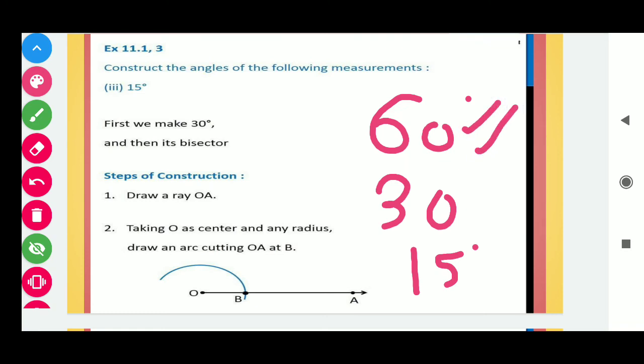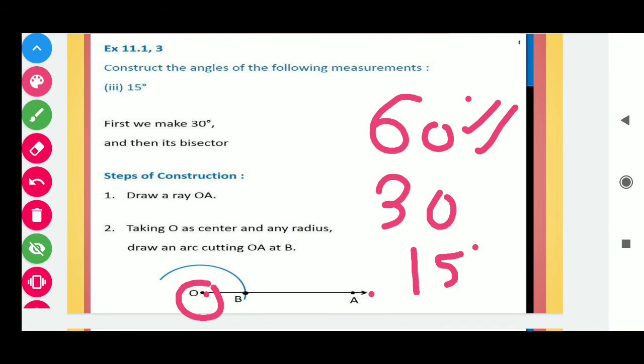Okay, so for the same we make a line OA and draw a semicircle by taking O as the center, and you can open your compass at any radius, but remember one thing, that the radius must be constant throughout the construction until you reach the solution.